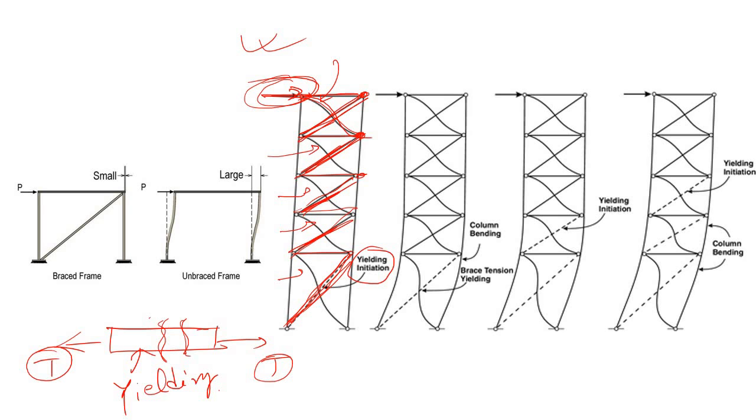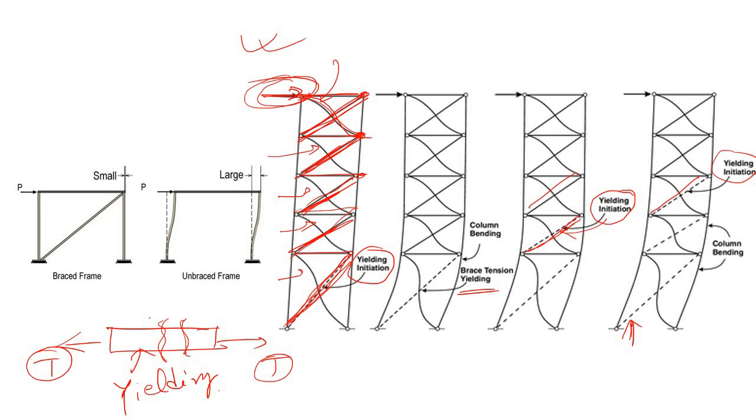Once it has reached its yield point, the second story bracing starts to yield, and once it has also completed its yielding, then the third story starts to yield. So this is the mechanism of failure progression, correct?